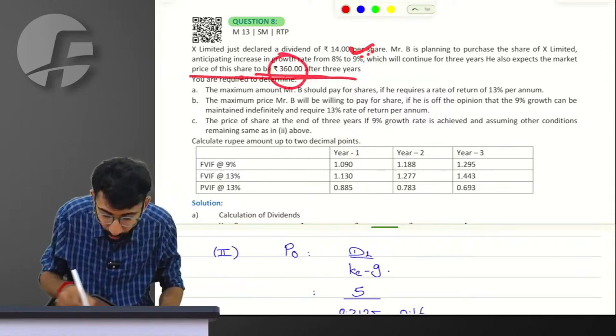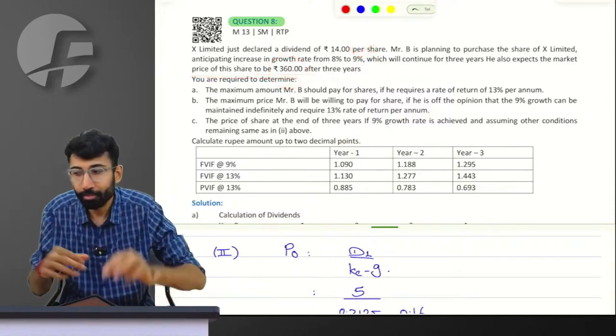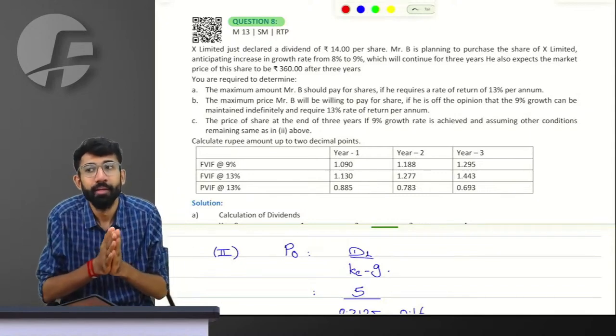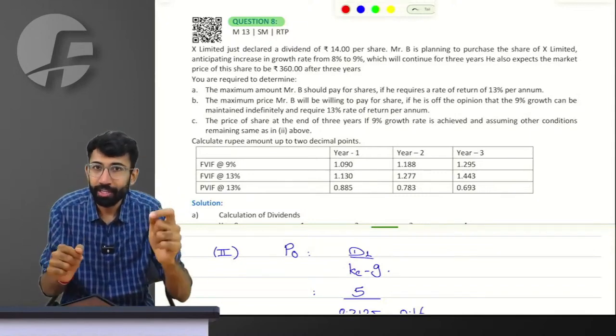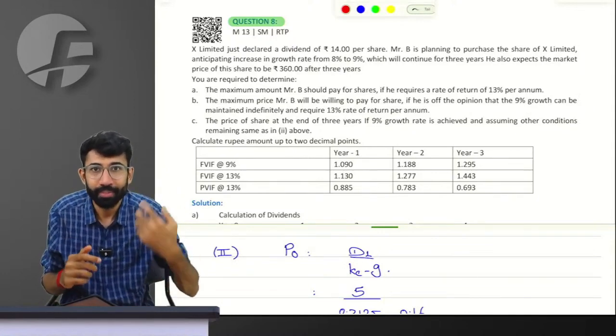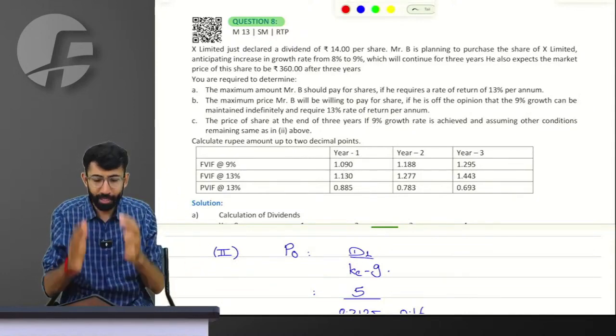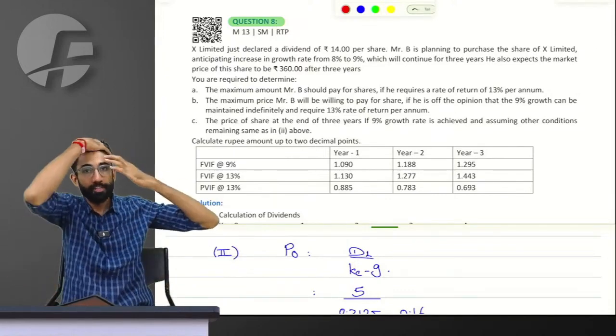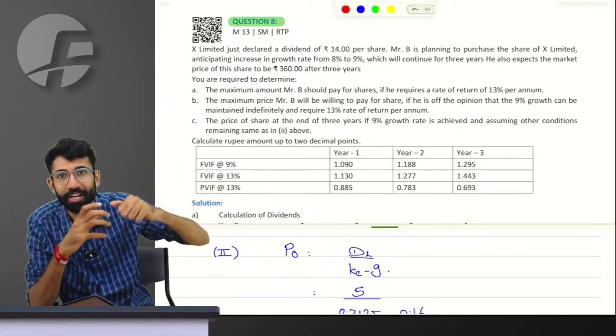Looking at this question, what can you recollect from the notes? Apply your brains, try to recollect what you can think of related to this question from the notes. Which concept is it giving you a hint towards?